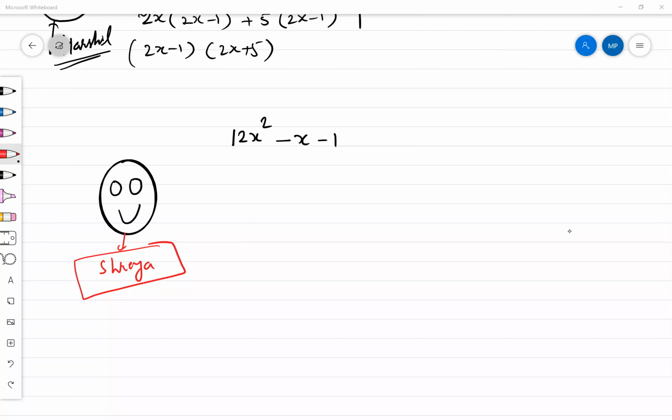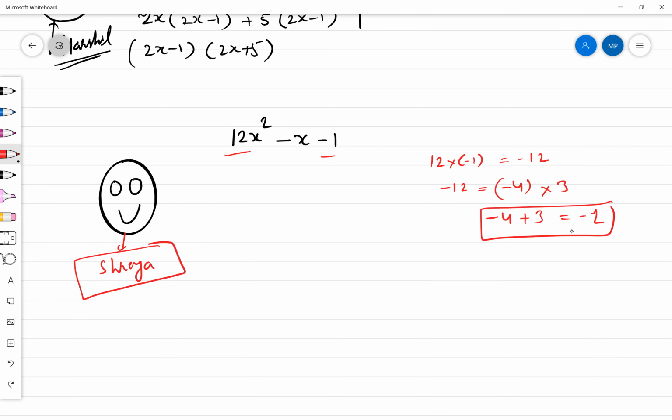So let's start. 12 into minus 1 gives me minus 12. And that means the larger one has to be negative and the smaller has to be positive because there is a negative sign there. Sanya, 4x plus 1. Yes, correct answer. And then this minus 12 can be broken as minus 4 into 3. And if I add minus 4 plus 3, I get minus 1, which is here.